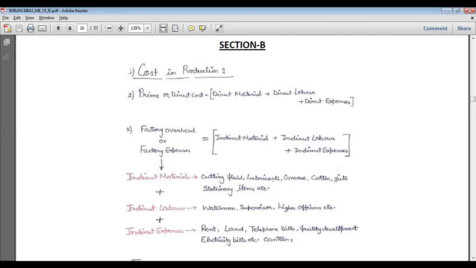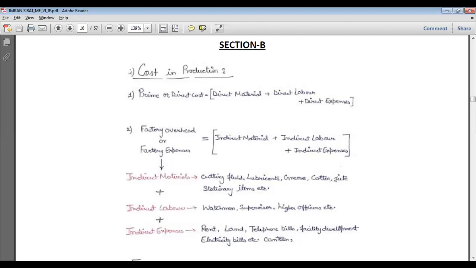Supervisors guide or control the workforce. Then there are higher officers who are responsible for the production. So these are the indirect labor costs that are also involved with the product.